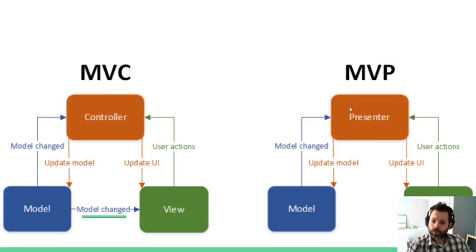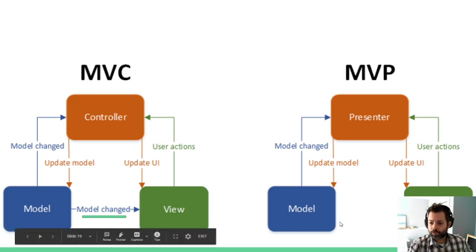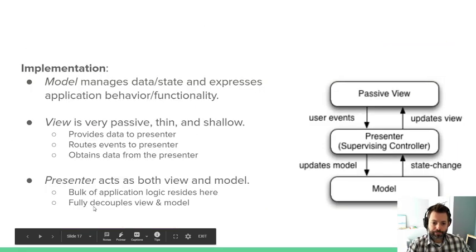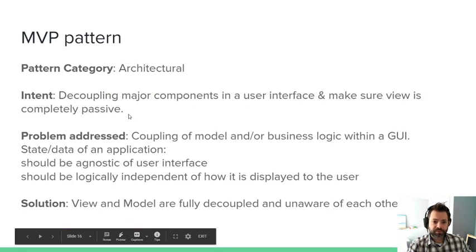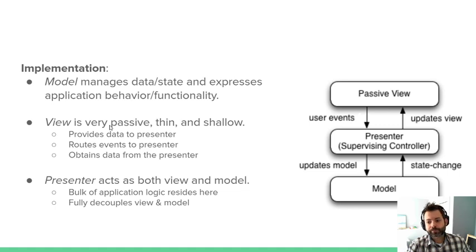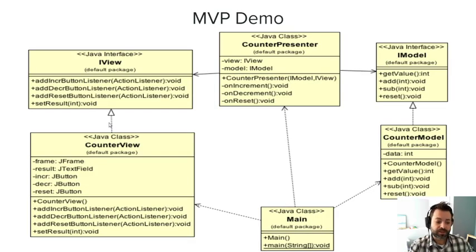So if you take anything away from this, basically we are 100% decoupling model and view with presenter. Whereas in MVC, we can notify the view that the model has changed. All right, makes sense. So MVP is still architectural, very similar, just with more rigorous decoupling.